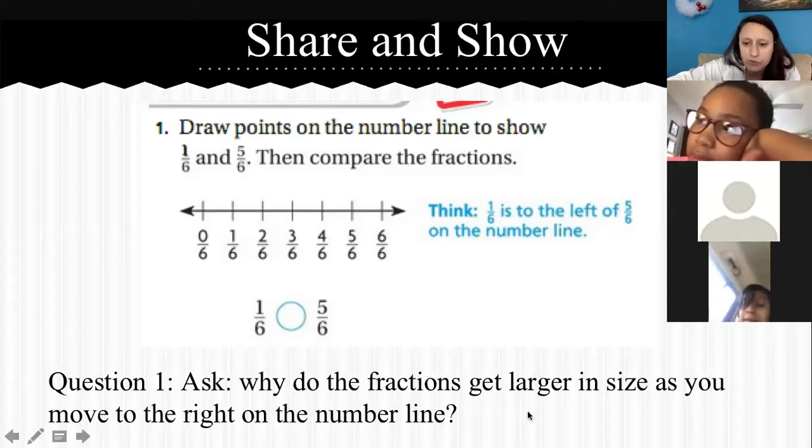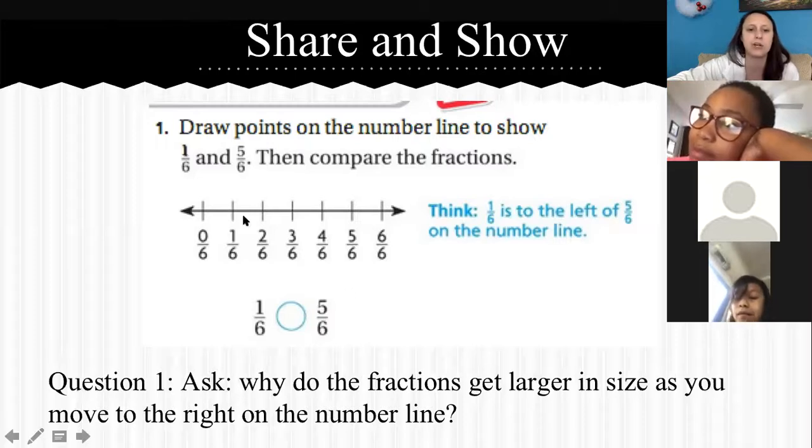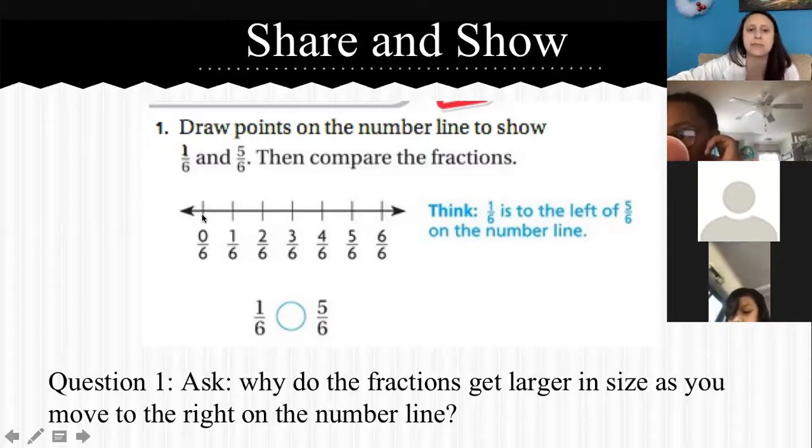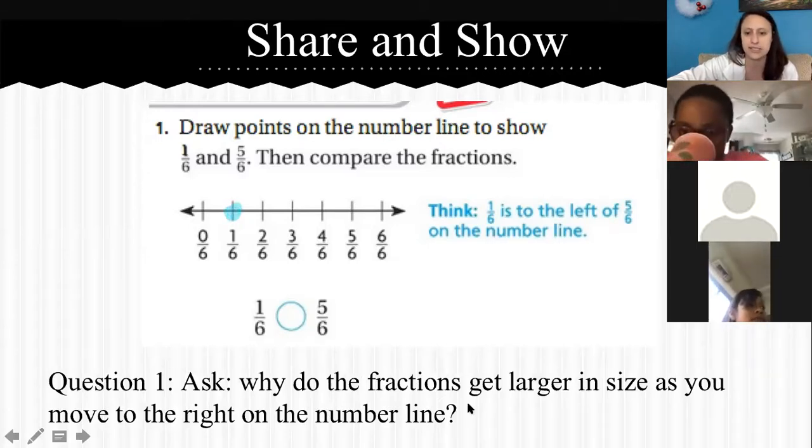We'll use a one we can see pretty good. All right, 1/6 is, this is 0 out of 6. Then we go 1 out of 6 because it's the pieces we're talking about. So if we're right here on this point, there's one piece we've gone through of the number line. So right here is 1/6.